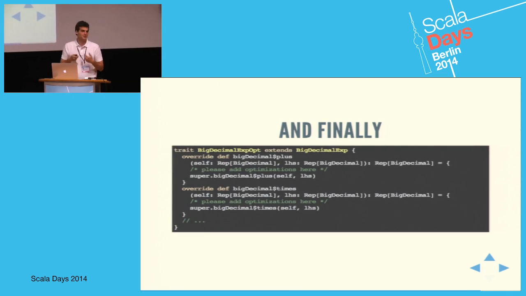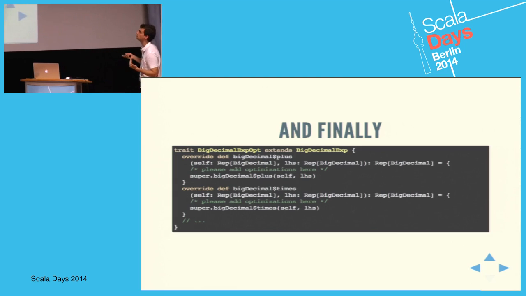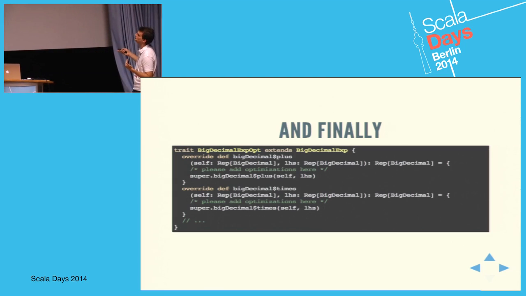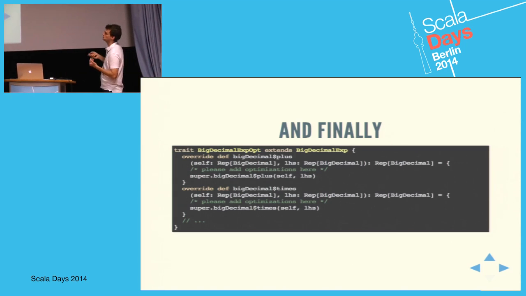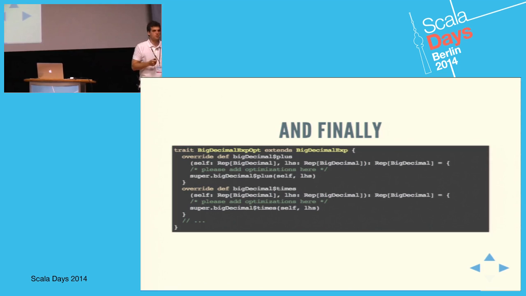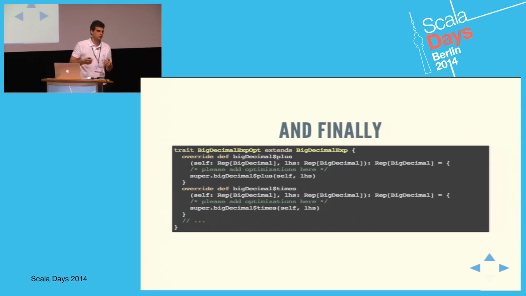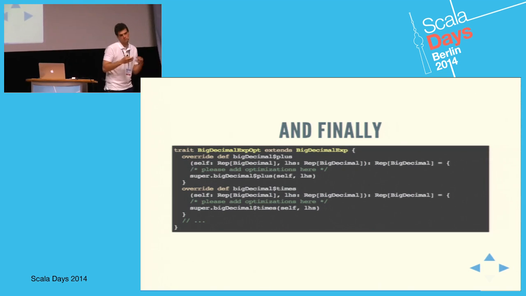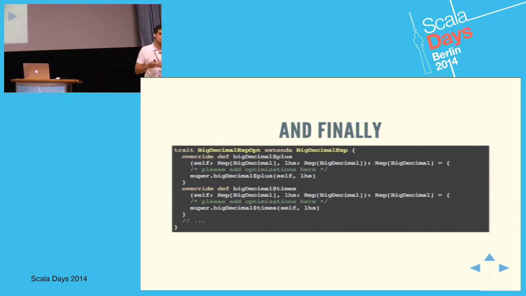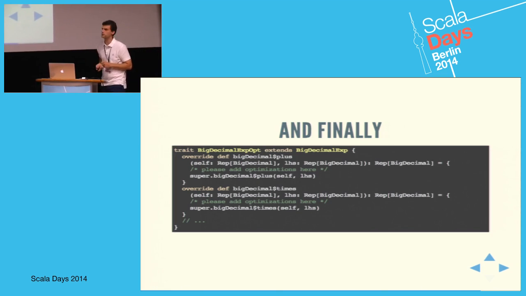And finally, why we came to the deep embedding in the first place is we want optimizations, and we make placeholders and say when you have a BigDecimal plus, you just add some domain knowledge. For example, if you sum something with a 0, you should ignore that. Or if you sum two constants, you should ignore that, right? And so on. And then you can go further, like query ordering and so on, right? But let's take this simple example. And yeah, let's take it for a spin.